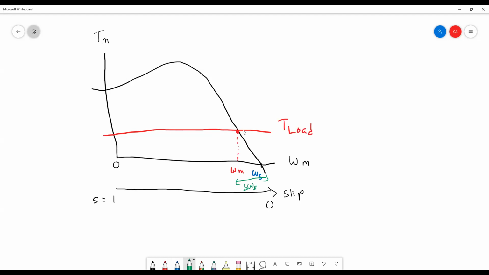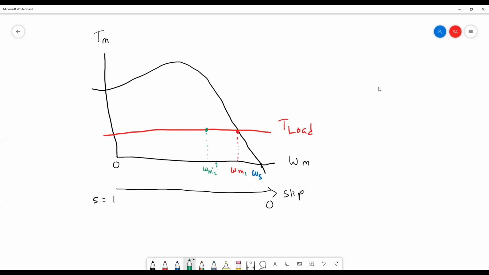Another question is how to make the speed of the motor change or vary. For example, I want to reduce my speed from this omega_1 to the new speed here.